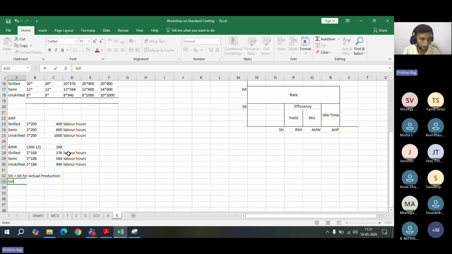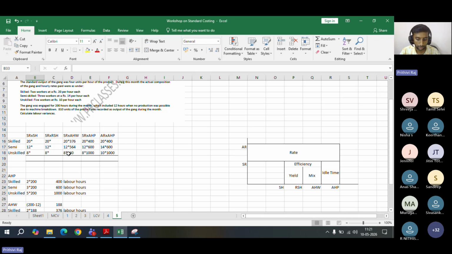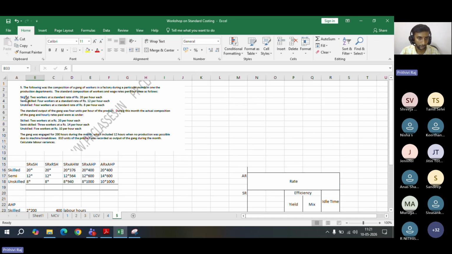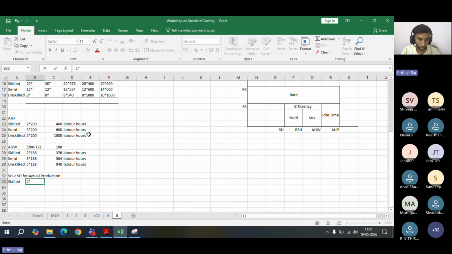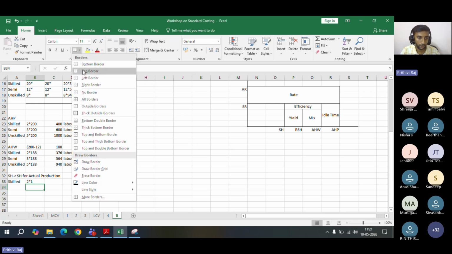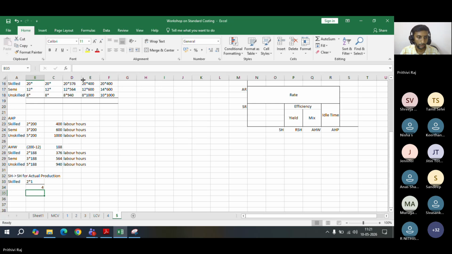So for skilled, how many labors are there? 2 labors are there for skilled, correct? The hour they have given is for 1 hour. So if I multiply 2 into 1, I'll get labor hours. 2 labors, 1 hour, correct? In this, I produce 4 units.